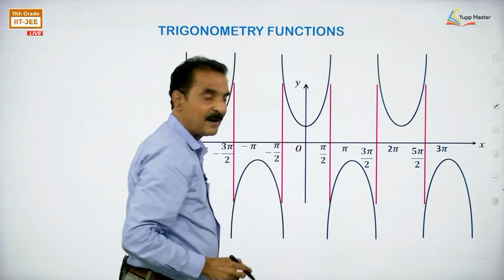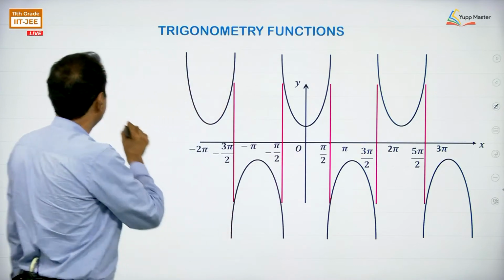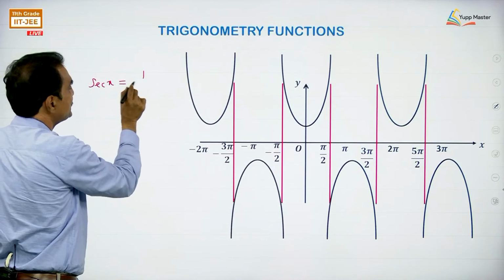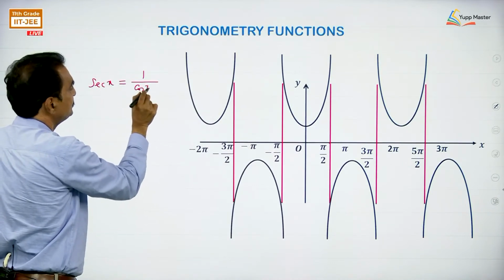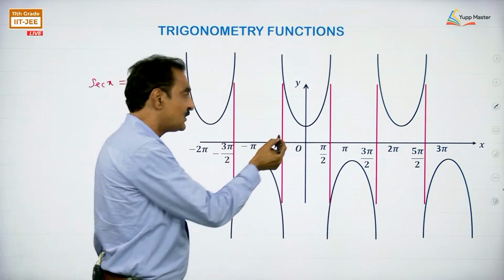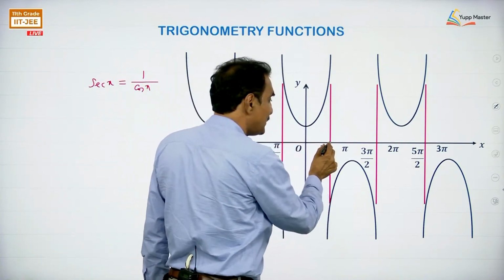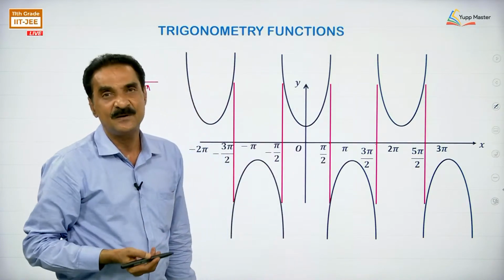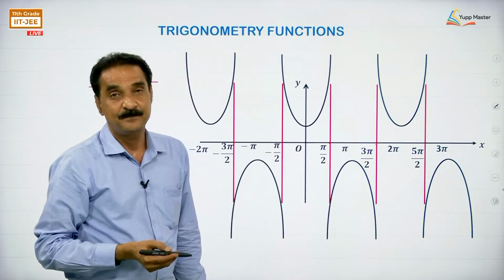At pi by 2, it is not defined, because secant x is nothing but 1 by cos x. When cos x is 0, secant x is not defined. So, cos x is 0 at pi by 2, 3 pi by 2, 5 pi by 2 and so on. So, secant x is not defined at those points.